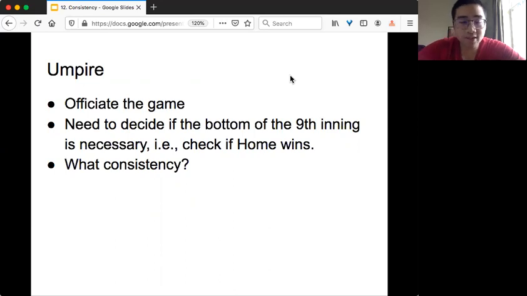And in most cases they don't really need to know the score. Oops, sorry. One thing that they need to do is that at the bottom of the ninth inning, they need to decide whether the home team still needs to play the bottom inning. Because if the home team is already winning, and in the bottom inning it's the home team's turn to bat, then since the visitor can never score more points in the bottom of the inning, if that's the case, then the game is complete.